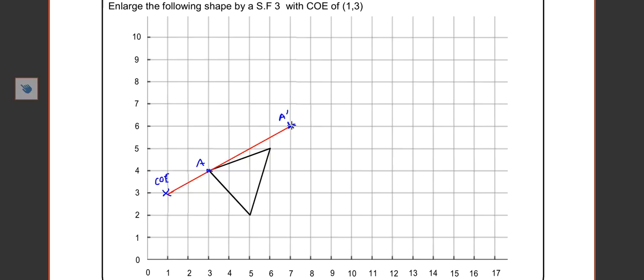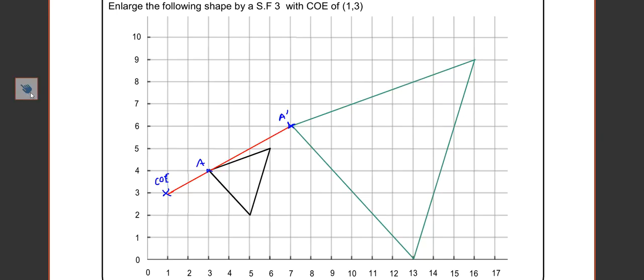So this one goes through 2 like that, but I have to do that 3 times. And that one goes across 3 and up 1. I have to do that 3 times. So I can either use the centre of enlargement every time, or I can use the fact that I know the sides are all multiplied by 3 as well. Basically everything's multiplied by 3.